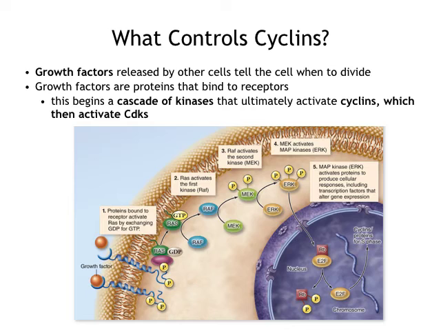And then ERK in step 5, this protein is going to move into the nucleus, and it's going to activate RB and E2F. E2F is a transcription factor, which is going to bind to the cyclin genes and activate transcription to make mRNA, and then the mRNA is going to be translated into cyclin protein.